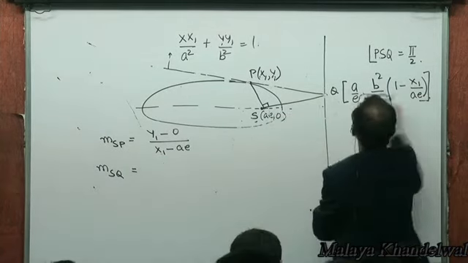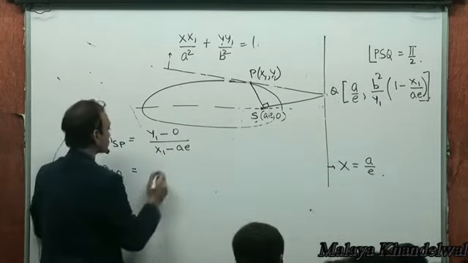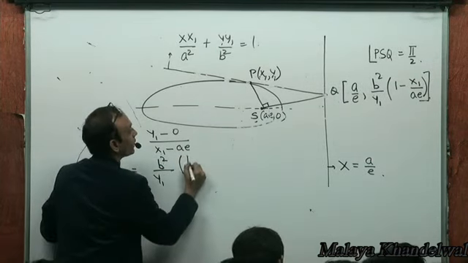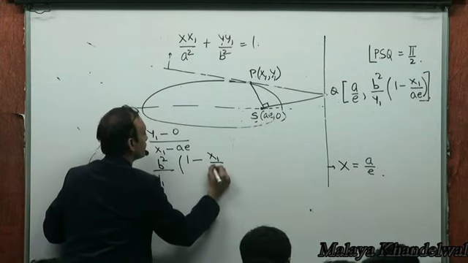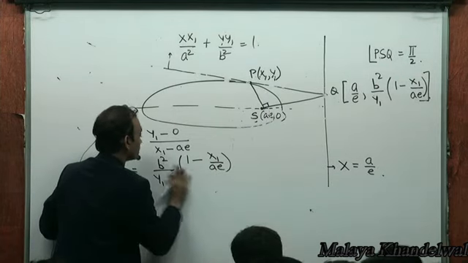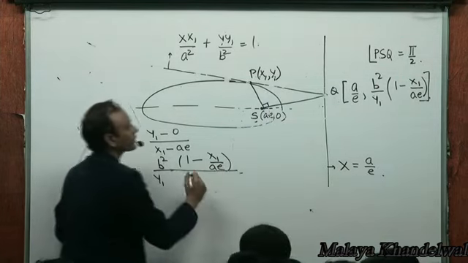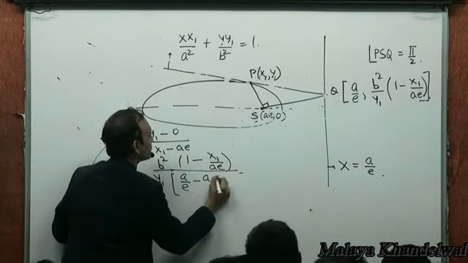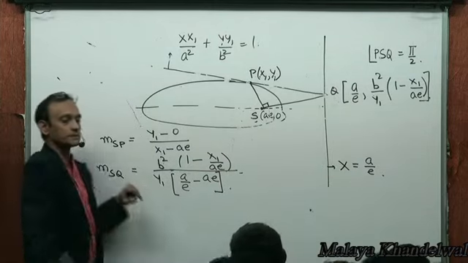That's going to be the slope of SQ, which is b squared by y1 into 1 minus x1 by AE, divided by a by e minus AE, isn't it?